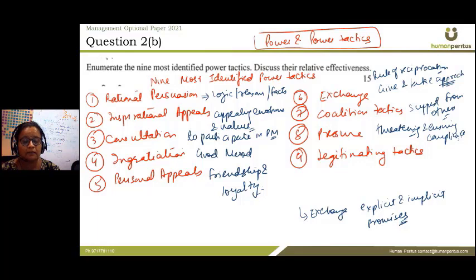Legitimating tactics is the power which comes to a manager by authority or by way of a right or by organizational rules and regulations or policies. That is legitimating. So there is a legitimate way of utilizing the power. Okay, clear?